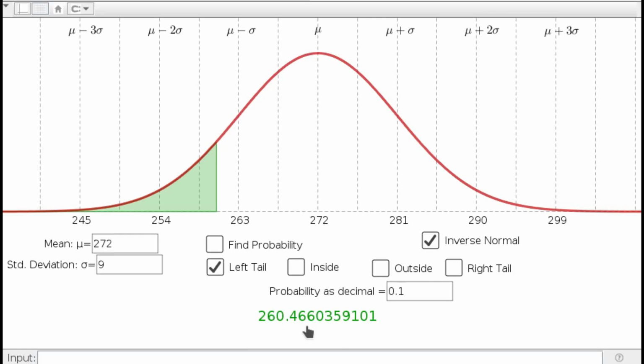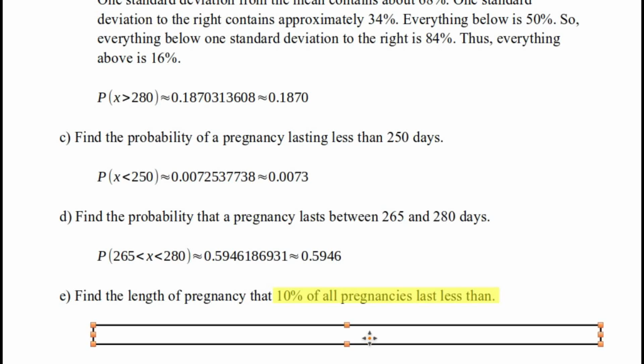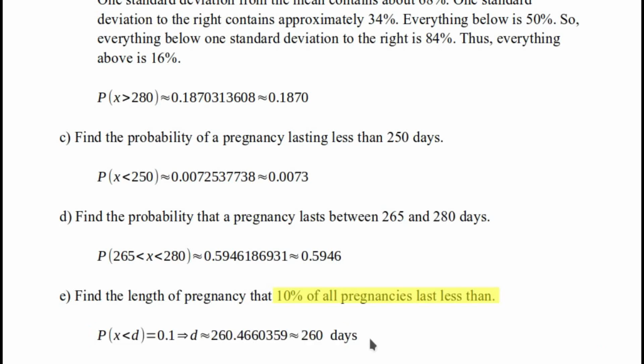So 10% of all pregnancies are less than 260.47 days. So let's say that in an interesting way. Notice that we don't have a known inside of our probability statement. The probability that x is less than that number of days d is, and there's our probability, 0.1. Well, that means that we're no longer talking about that probability being equal to something.